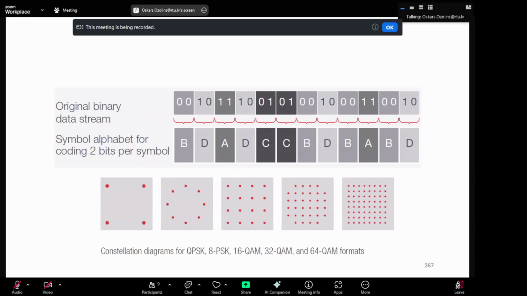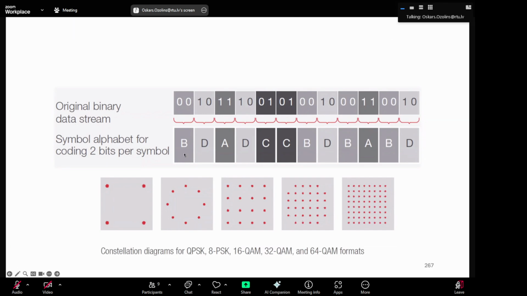So why is that? Because then, for example, for some bit combination, for example, for 00, we can say that this is symbol B. And for 1, we can say that this is symbol A. And then we have A, B, C, and D. We have 4 symbols. And with 4 symbols, we managed to transmit 8 bits. So that's the main motivation of using complex modulation formats, since we can transmit more symbols over the same bandwidth and more bits.